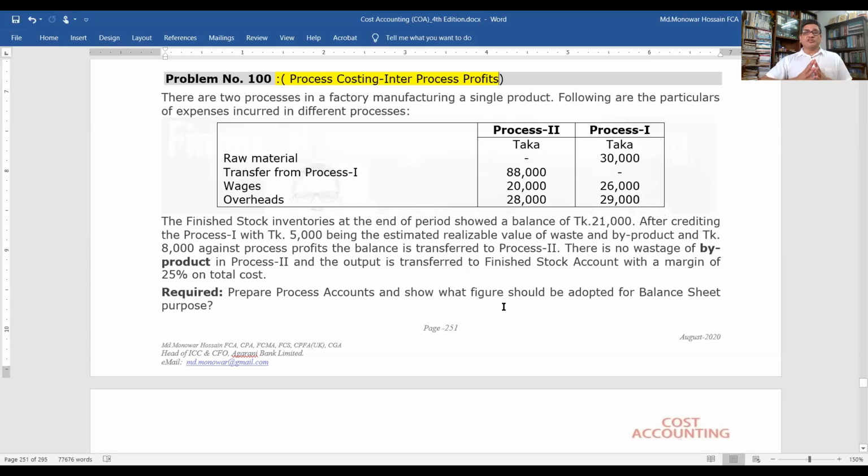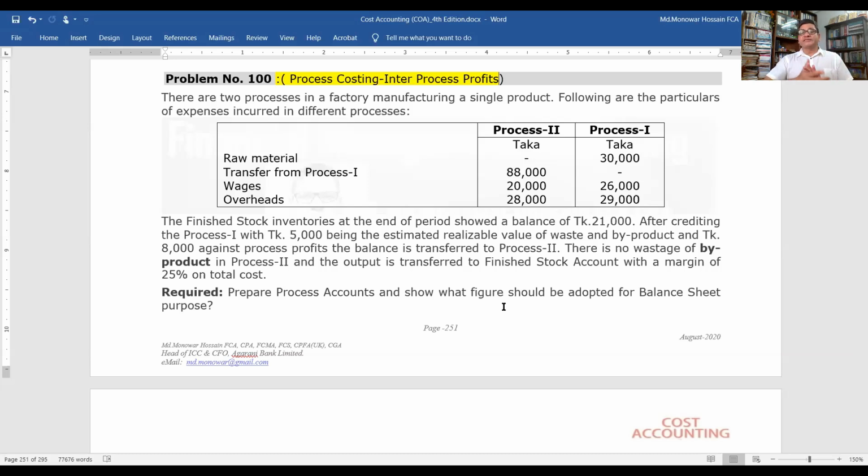The finished stock inventory at the end of the period shows a balance of 21,000, after crediting process 1 with 5,000 being the estimated realized value of the waste and byproduct, and 8,000 against the process balance transferred to process 2.